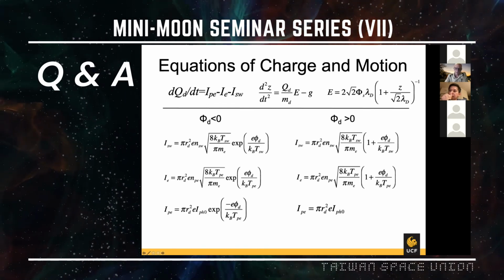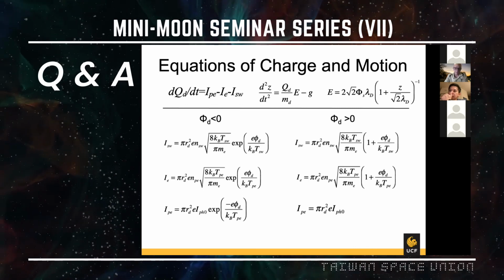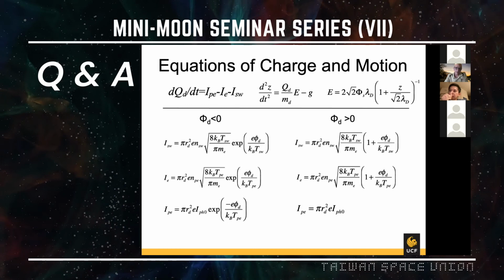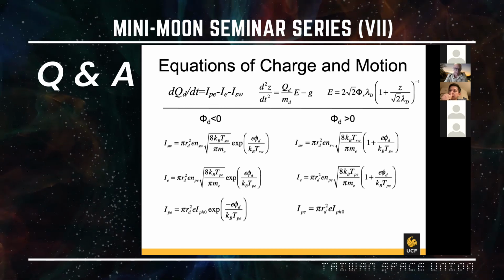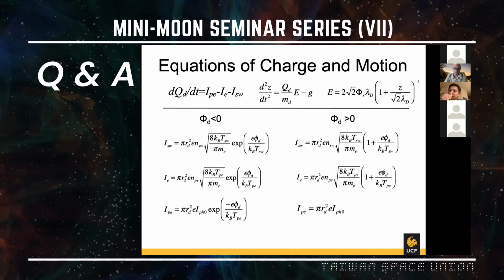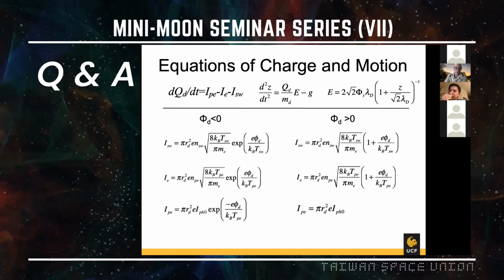I don't think that's going to be a significant contributor. I don't think you're going to see any real significant difference between highlands and mare, or different regions of the moon, based on a different work function for those particles.